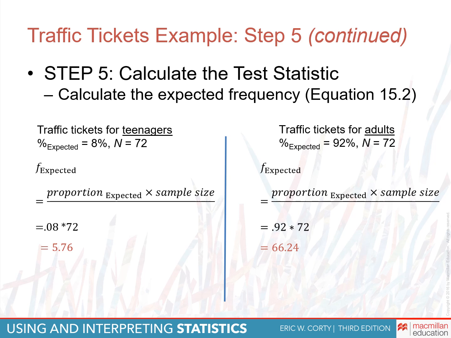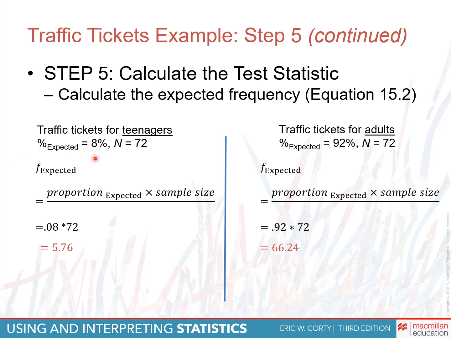Let's look at how we would use this formula. So let's say we're interested in calculating the expected frequency of traffic tickets for teenagers if the null hypothesis were true. We know from the Department of Motor Vehicle records that 8% of drivers are teenagers. So we would expect that 8% of traffic tickets would go to teenagers as well.